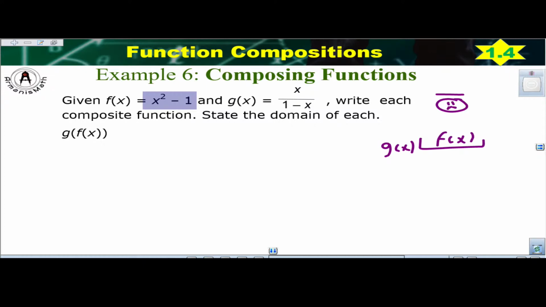Is this vertical? Is this horizontal? When you have 0 at the bottom here, denominator, vertical or horizontal? Yes, it's vertical. Whatever makes the denominator 0 is going to be a vertical asymptote.